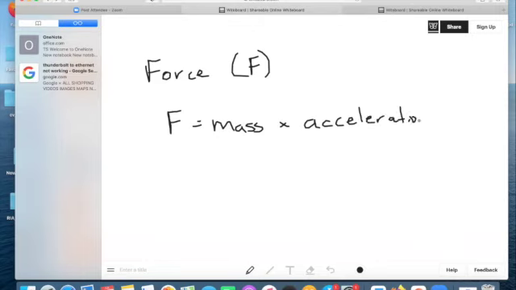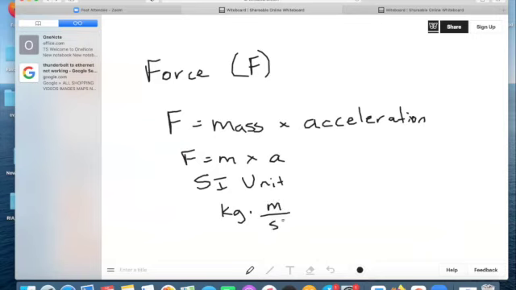So the mass of the object times the change in velocity over time, which is what acceleration is. So the symbol for mass is lowercase m, the symbol for acceleration is A, and then our SI unit for force would be kilograms times meters per second squared.